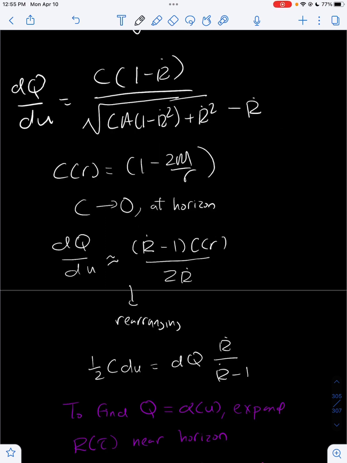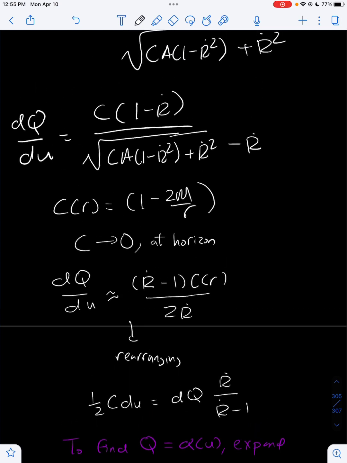Now we want to look at how C of r behaves near the horizon. We can see that C approaches 0 at the horizon. That's how we define the horizon. There's a singularity there. Taking C going to 0, we can approximate this as this much simpler expression right over here.